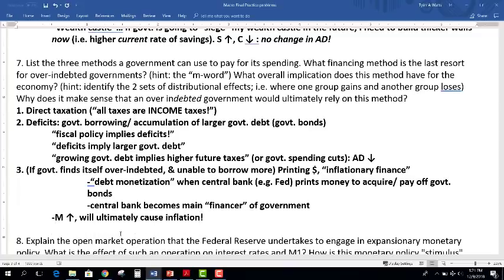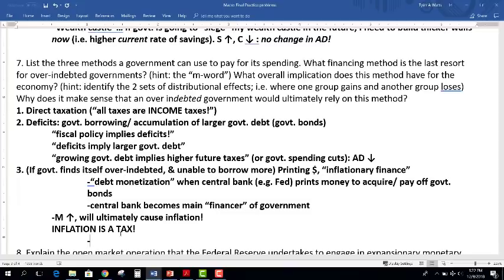What do I want to say about inflation? Inflation is a tax. Why? Because of early and late recipient effects. Government is always going to be the first or a very early recipient, so they can spend the money before prices go up, right? And you want to think of it, inflation kind of takes place in rounds.